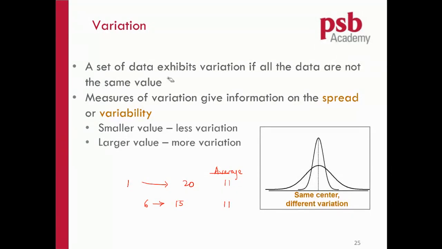If you have a set of data that has variation, then that means not all the data values are the same. There will be some different numbers, yeah, 1 to 20. The average is 11. So variability, how do you interpret it? The smaller value, less spread. Larger value, more spread. Okay.